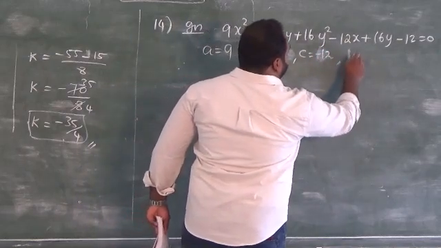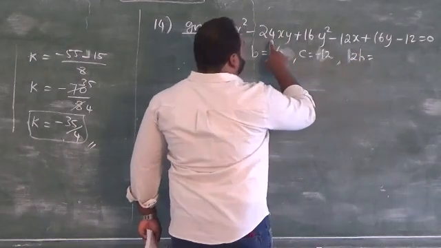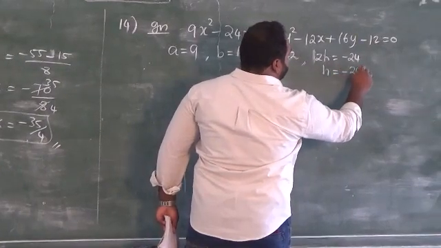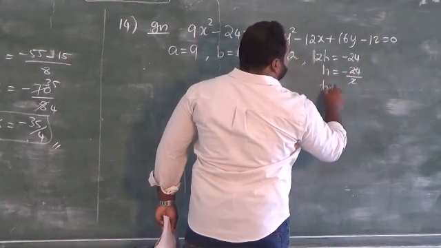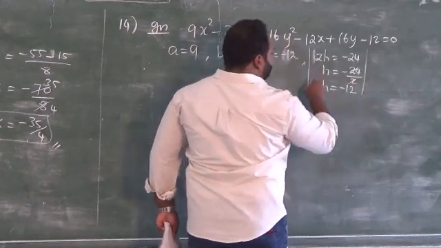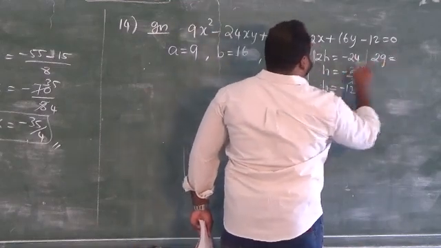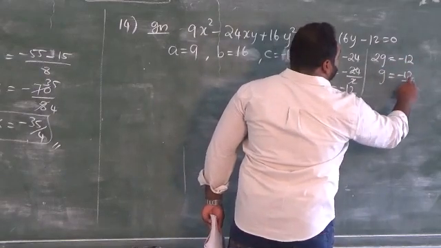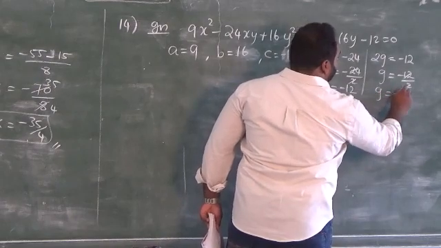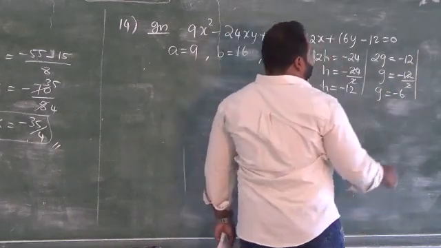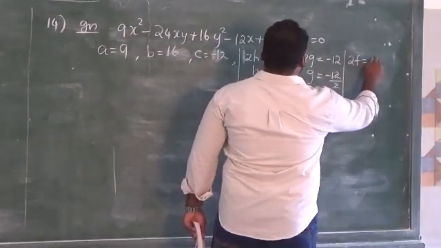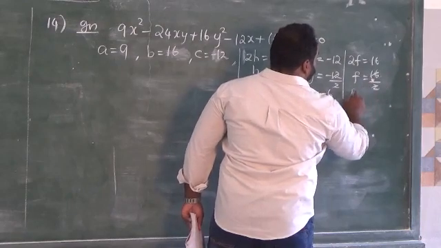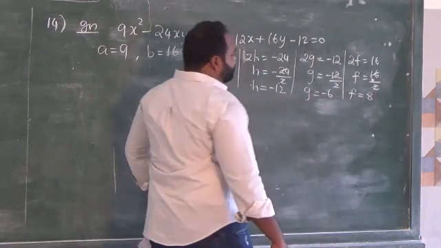Then 2H, the coefficient of xy, is minus 24, so H is equal to minus 24 by 2, which is minus 12. Next, 2g is the coefficient of x, minus 12, so g is equal to minus 6. 2f is equal to 16, so f is equal to 8.